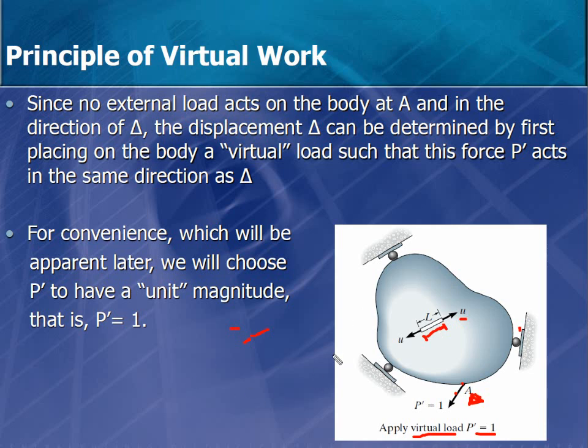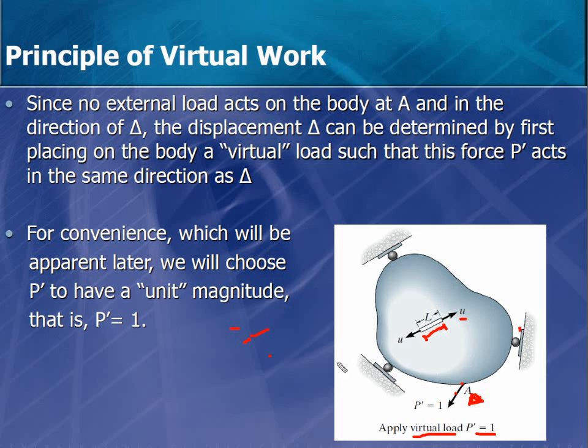Now combining those two, or combining the first equation, that the work done by the external forces is equal to the work done by the internal forces, is going to get us to somewhere here.